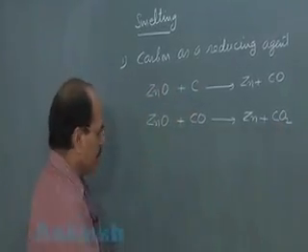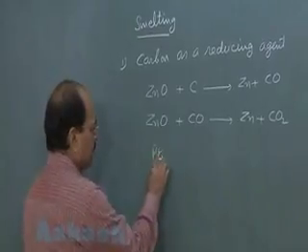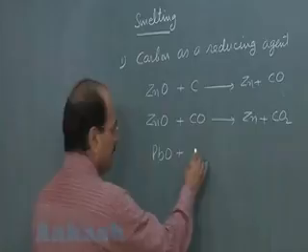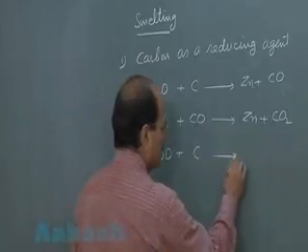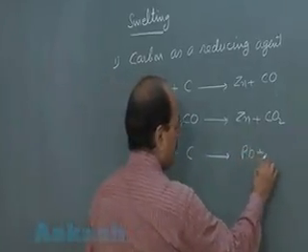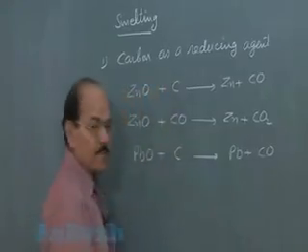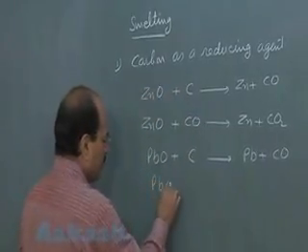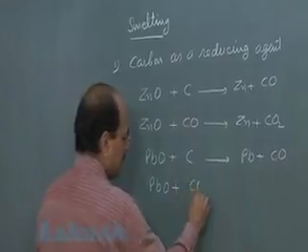Lead oxide can be reduced by heating lead oxide with coke to lead, and carbon monoxide is formed. Carbon monoxide also reduces lead oxide to lead.